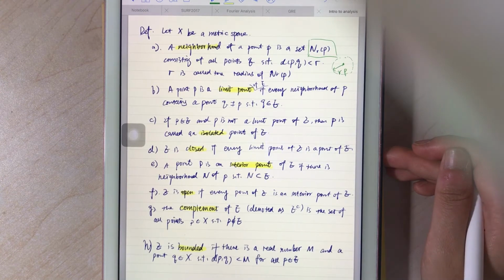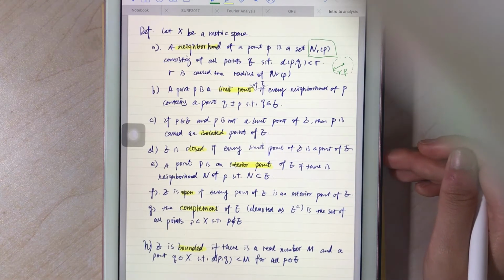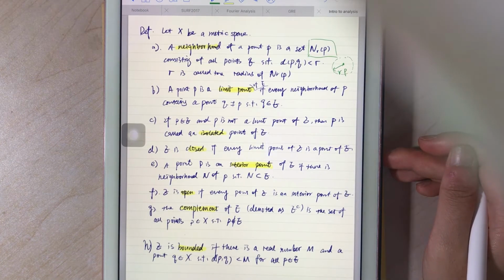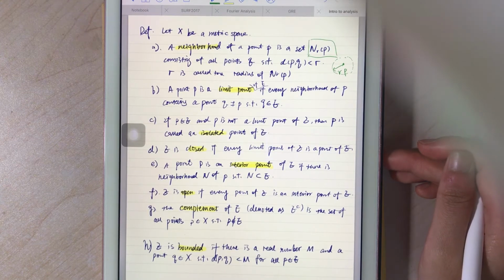Because to find the neighborhood of P, you've already been given the point P, which is the center of the circle. The next thing you need to determine is just the radius, right? So saying every neighborhood of P is the same as saying every radius.